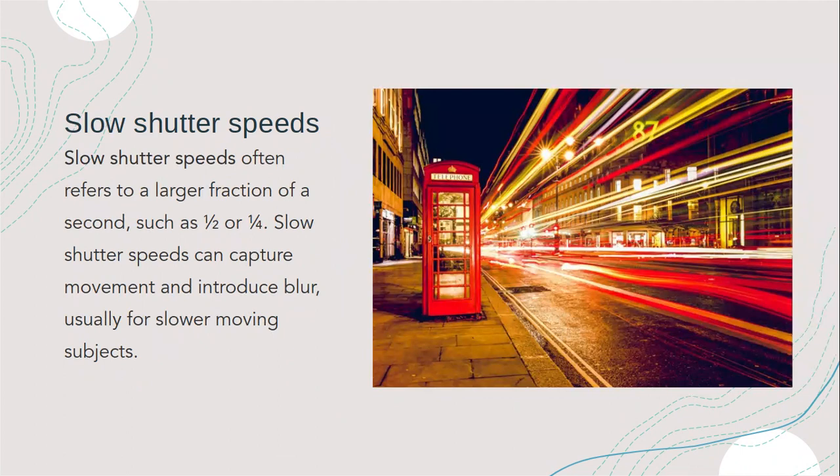Slow shutter speeds often refer to a larger fraction of a second, such as a half or a quarter. Slow shutter speeds can capture movement and introduce blur, usually for slower moving subjects.